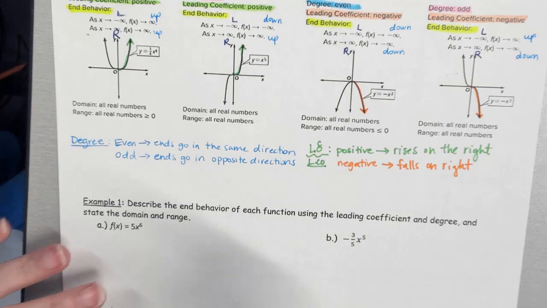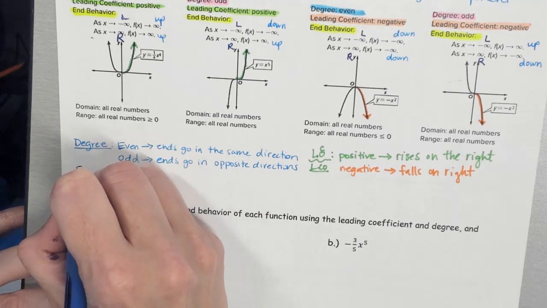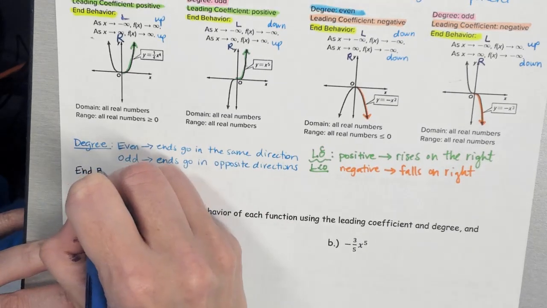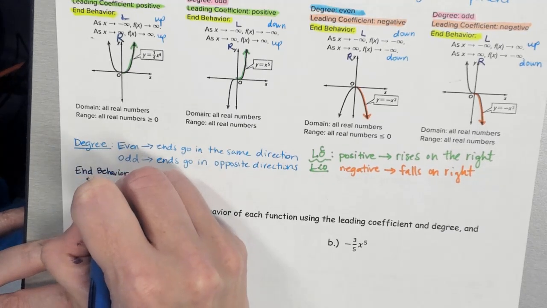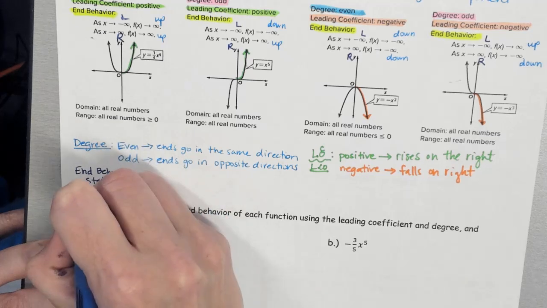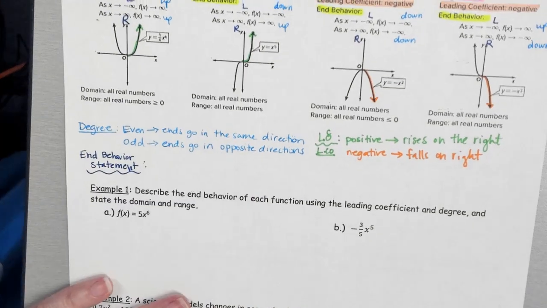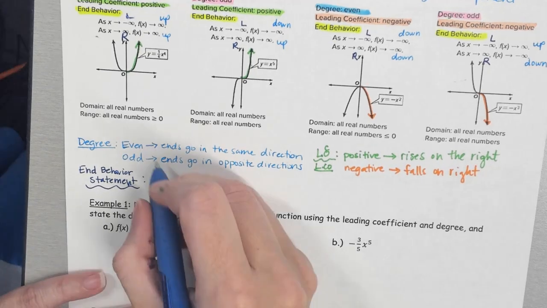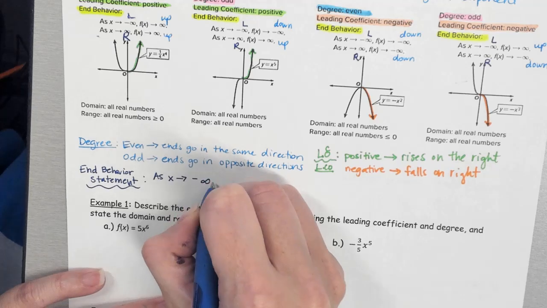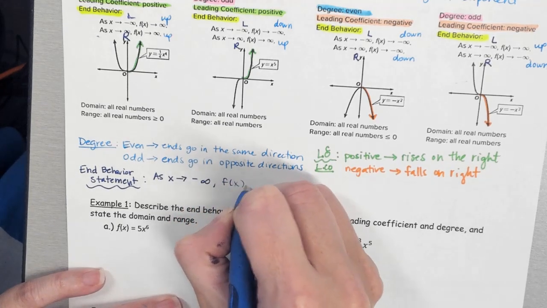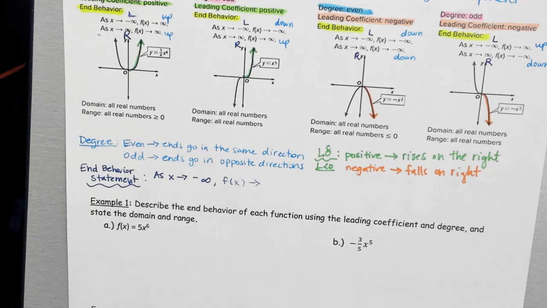So when you are writing your end behavior statement, we're going to write this here. The end behavior statement is going to be the same every time. When you are writing this yourself, you can always start off with as x goes to negative infinity, f of x goes to, and then we're going to fill that part in.